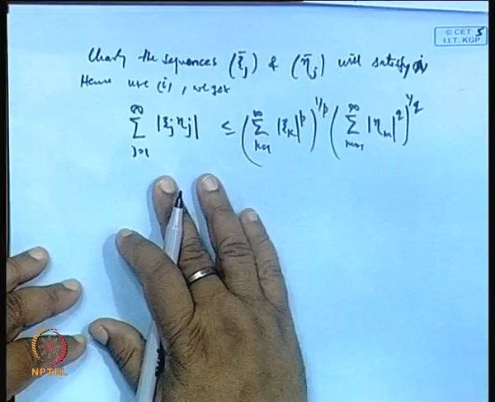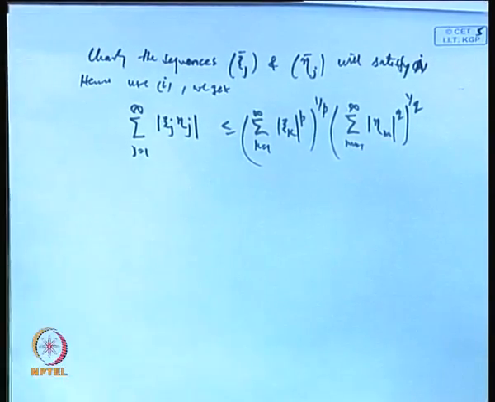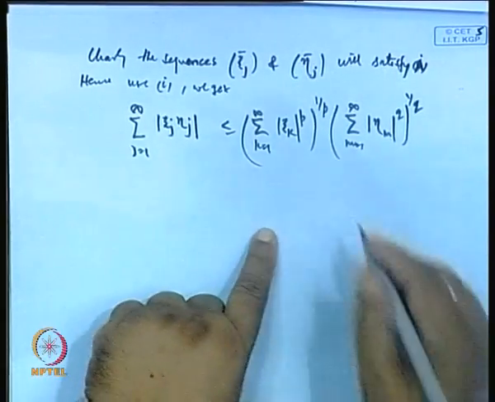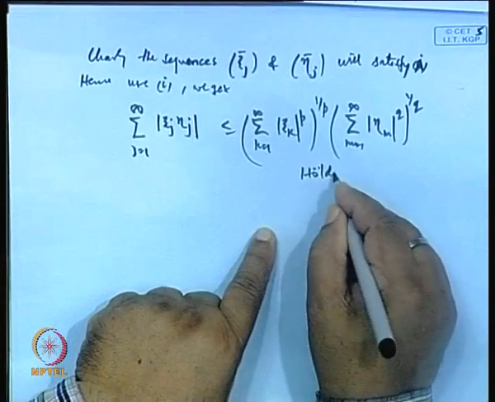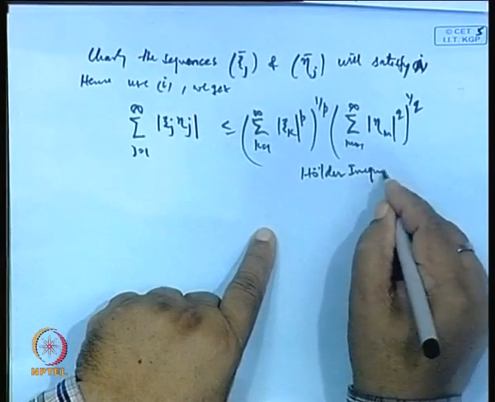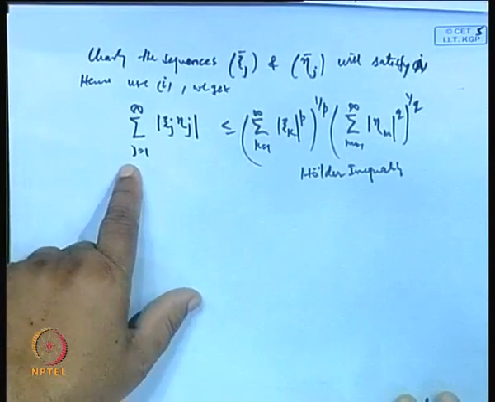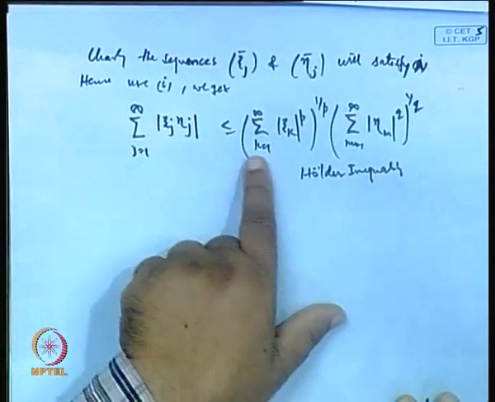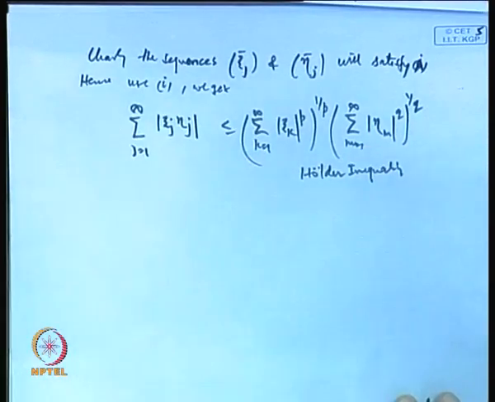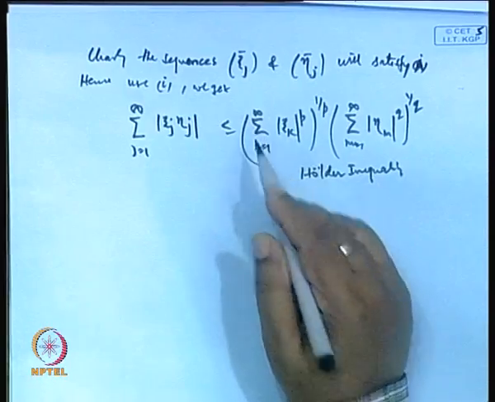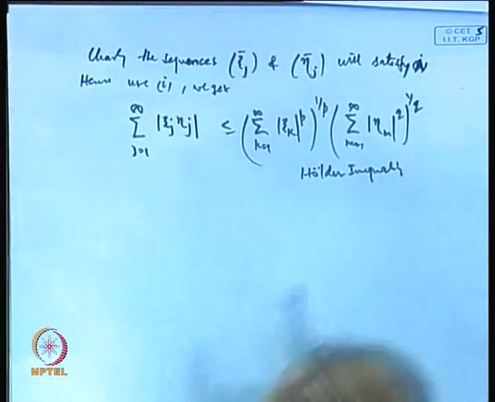Now, one thing we observe here is that when we say the Holder's inequality, on the left hand side we are taking the summation from j equal to 1, while on the right hand side the summations are taken with respect to k equal to 1 to infinity and m equal to 1 to infinity.